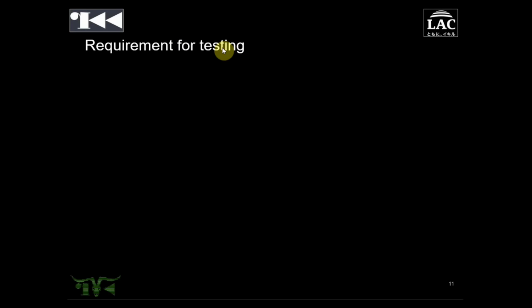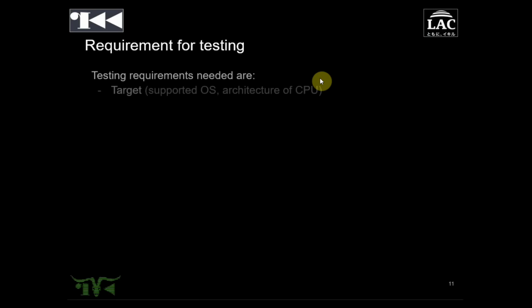In this slide, we will talk about the requirements for the testing itself. The first requirement is that we need a target for testing. As we know, Radare2 supports a huge range of CPU architectures and many operating systems.